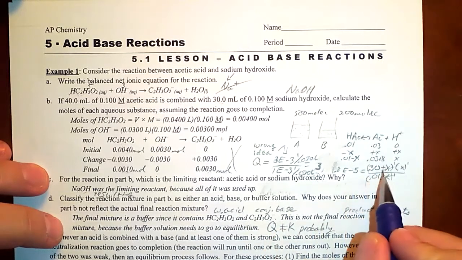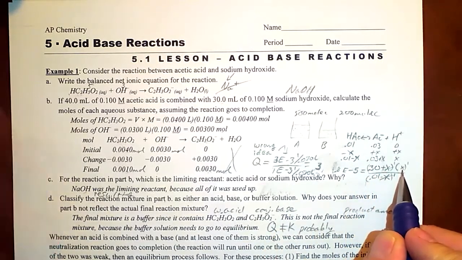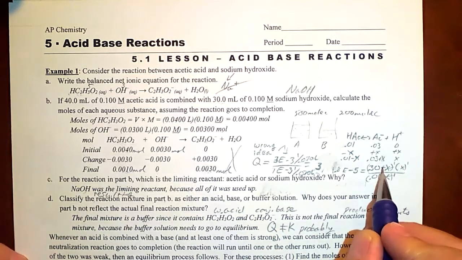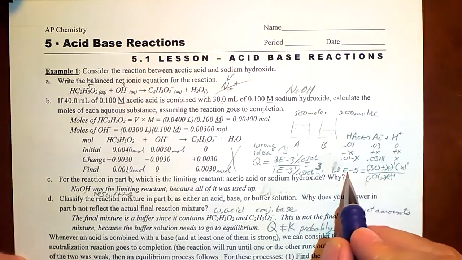The answer is because it's going to generate some H plus, or hydronium H3O plus if you like. And this amount is going to come up from being 0, and it's not going to be a big number, but it's going to be the proper number that when we multiply this small decimal times this, and divide by that, we do get K. K is a law of nature, and when you get an equilibrium, K is true.